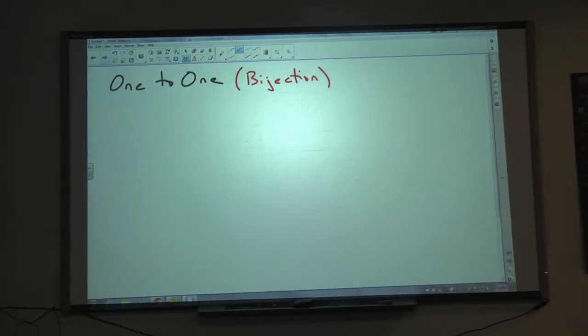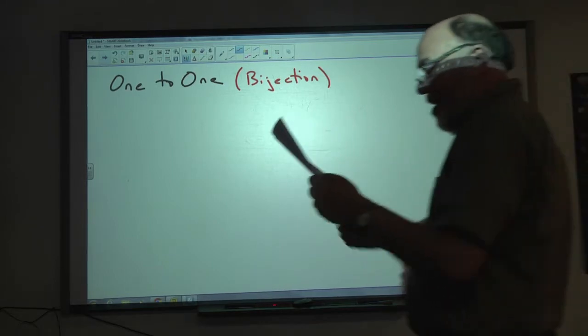More terms, right? All right. So 1-to-1 you have a bijection, okay? Again, for every x we go to y, for every y we go to x, right? So you got that term.